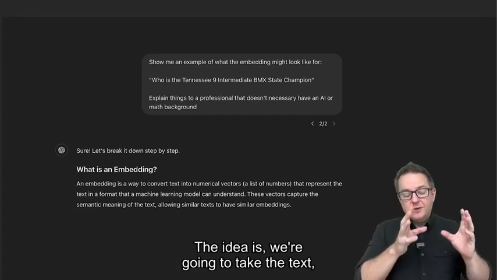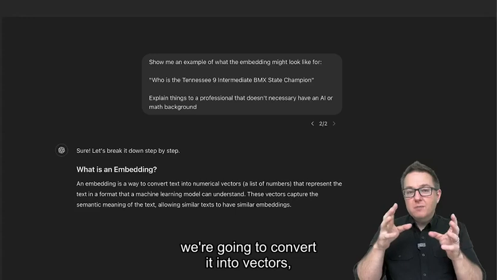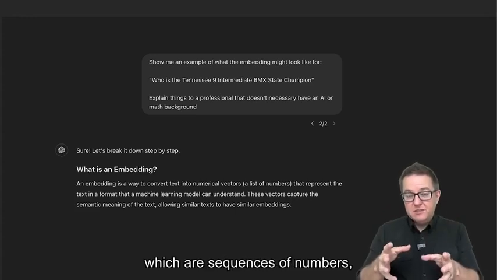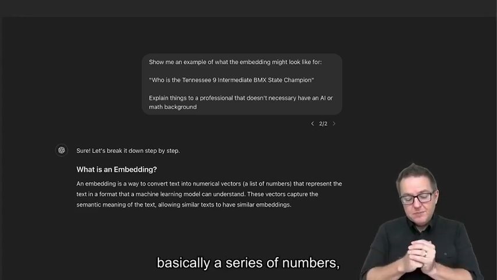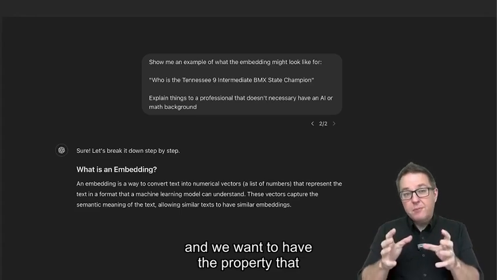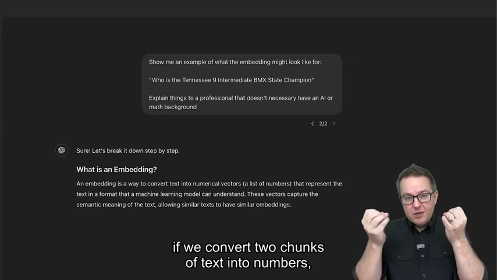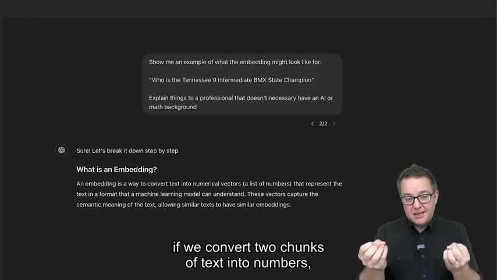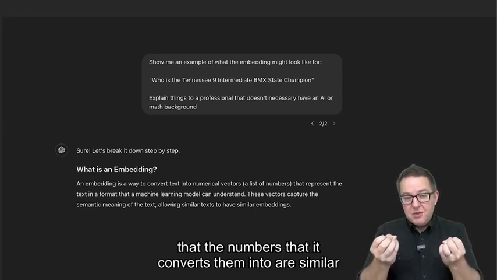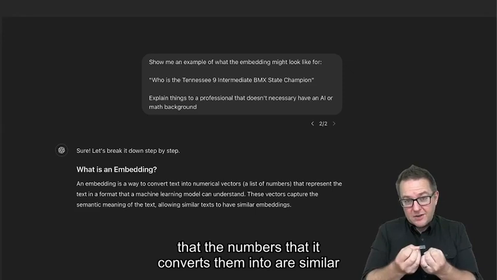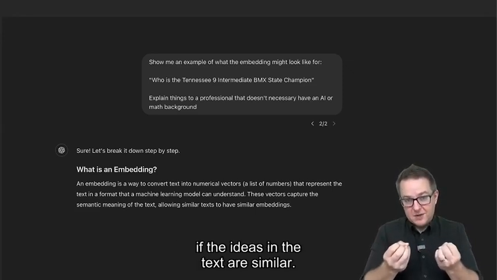The idea is we're going to take the text and convert it into vectors, which are sequences of numbers, basically a series of numbers. And we want the property that if we convert two chunks of text into numbers, the numbers are similar if the text is similar, if the ideas in the text are similar.